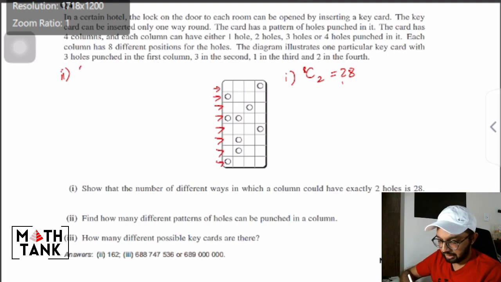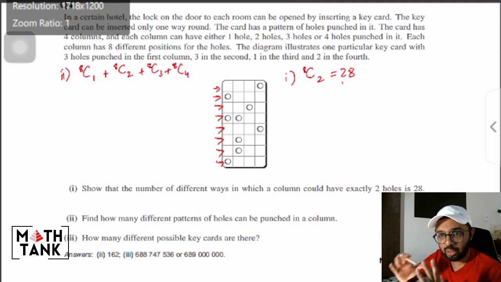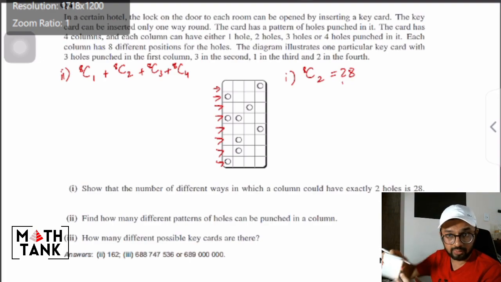You say that there are some columns with 1 hole, so 8C1, plus some columns with 2 holes, so 8C2, then 8C3 and 8C4. Now remember, this is just one column that you are trying to figure out. You could punch in 1 hole, 2 holes, 3 holes, or 4 holes into the column, and those are the different ways of doing it.